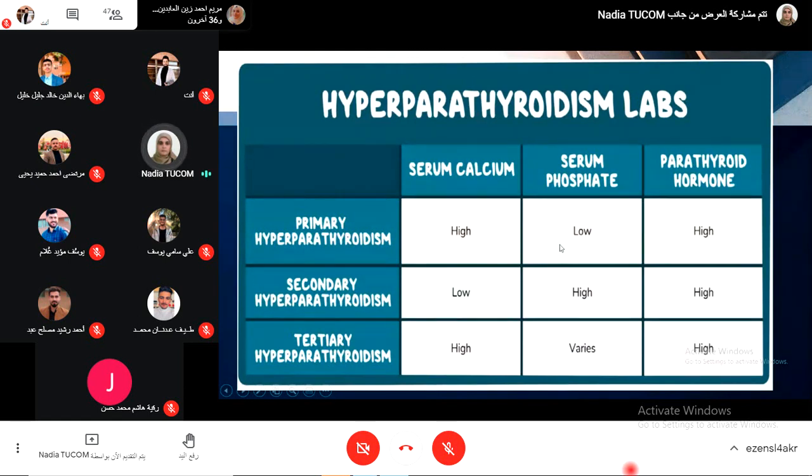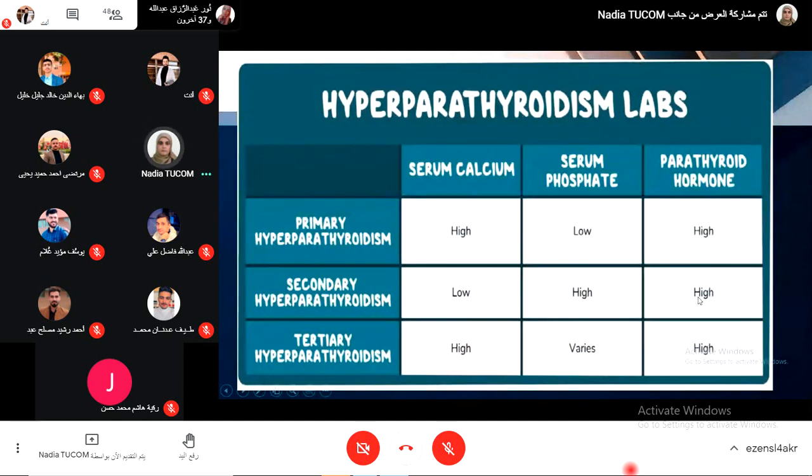And this is vice versa. Always, calcium and phosphate are inversely related: high calcium results in low phosphate. When there is excess serum calcium, there will be lower serum phosphate. With low serum calcium, the phosphate is elevated here.